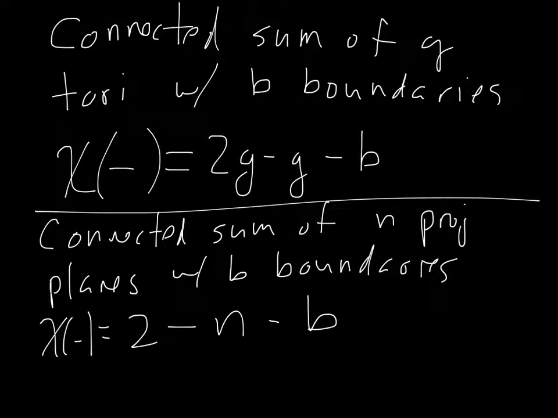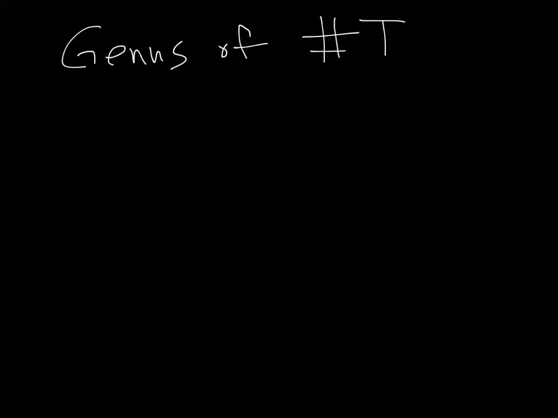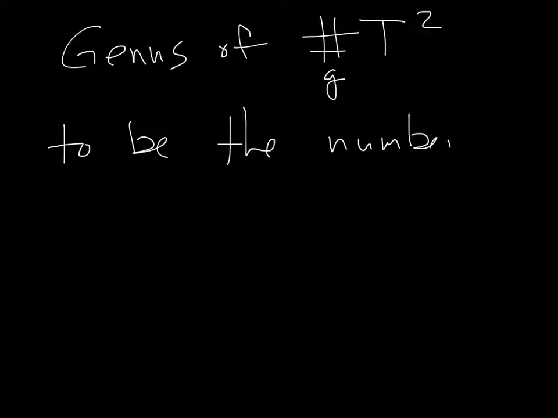We know how to make surfaces from surfaces and calculate their Euler characteristic, which in the next section we'll see is really important for classifying surfaces. And then we defined the genus of a connected sum of tori to be the number of handles.